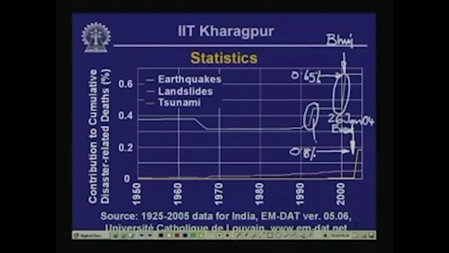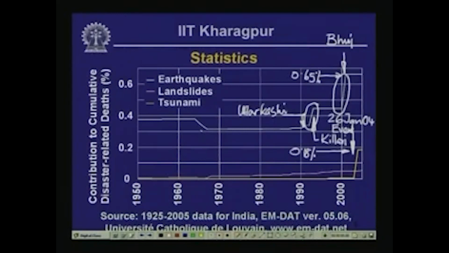This one here is the Central Indian earthquake, Killari earthquake, and this slight bump here is the Uttarkashi earthquake.